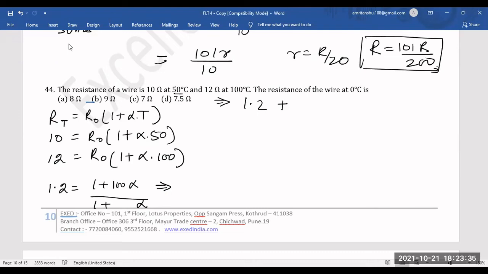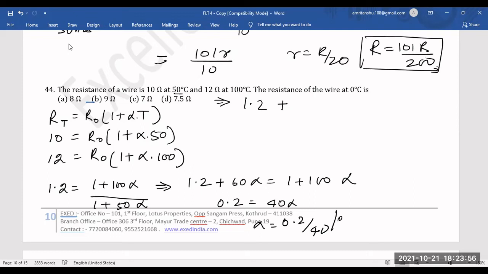This should be 1 plus 100 alpha and this should be 1 plus 50 alpha. So 1.2 plus 1.2 into 50, which is 60 alpha, equals 1 plus 100 alpha. So this is 0.2 equals 40 alpha. So alpha from here comes out to be 0.2 upon 40 per degree Celsius or Kelvin.